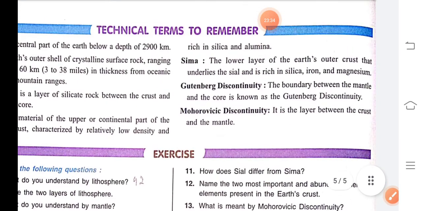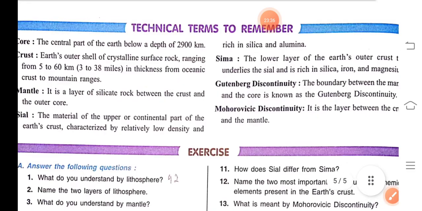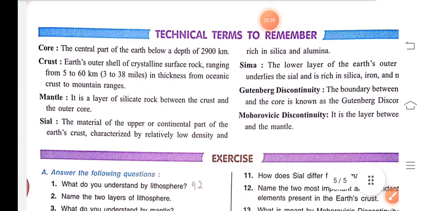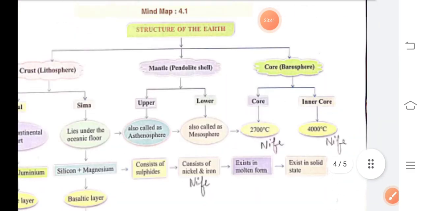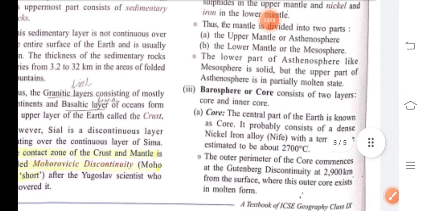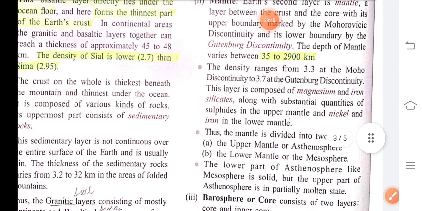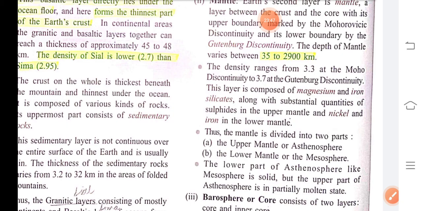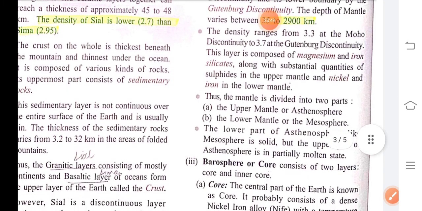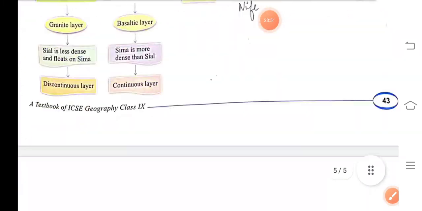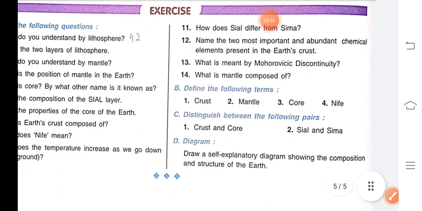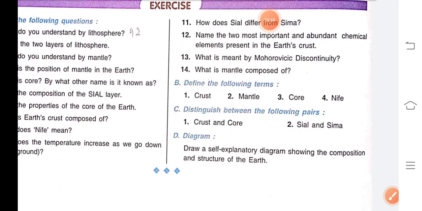What is mantle composed of? Mantle is composed of silicate rocks. Here also it's given much more. Mantle is composed of magnesium, iron, silicates, and the lower mantle is composed of Nife. What else is given? Define. Crust is the upper layer. Mantle is a middle layer present between crust and core.